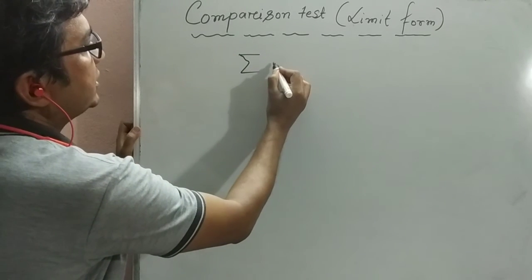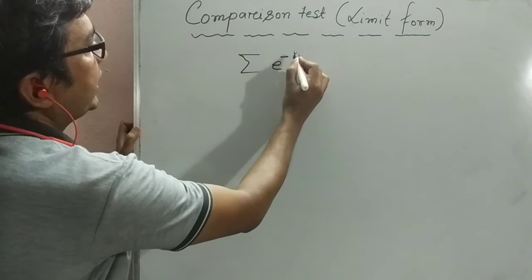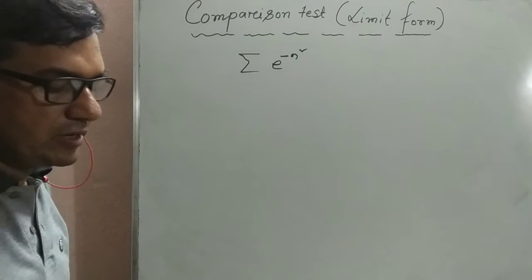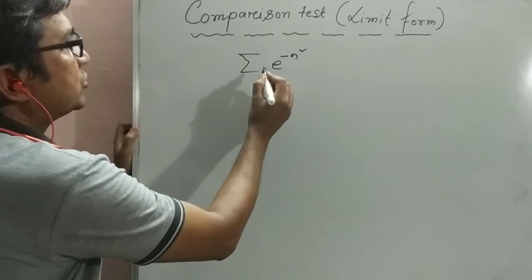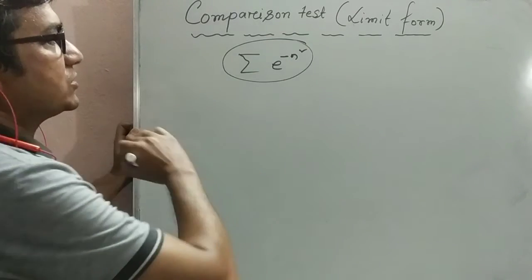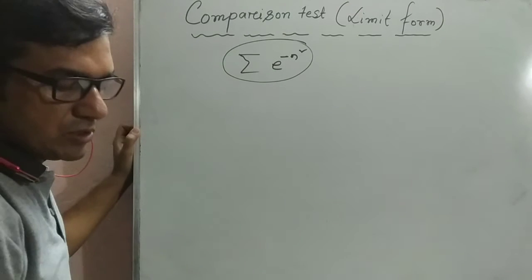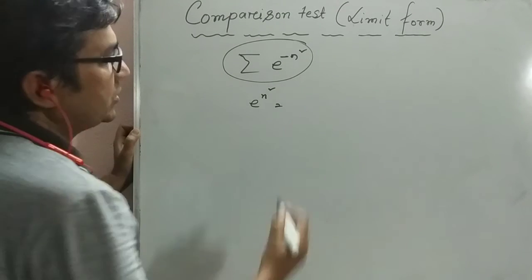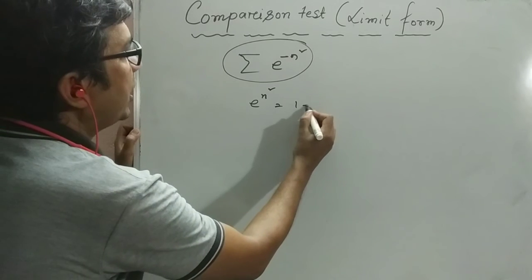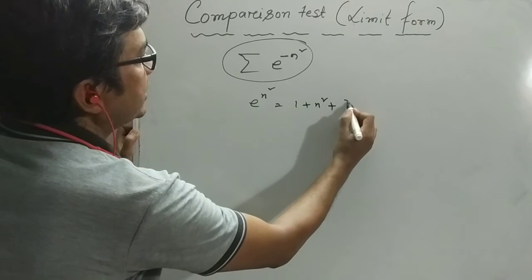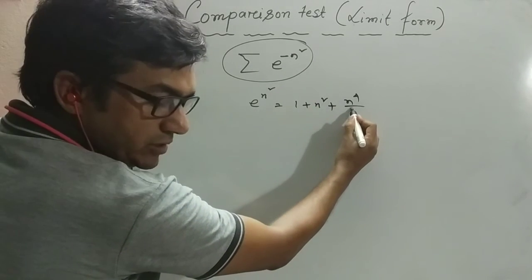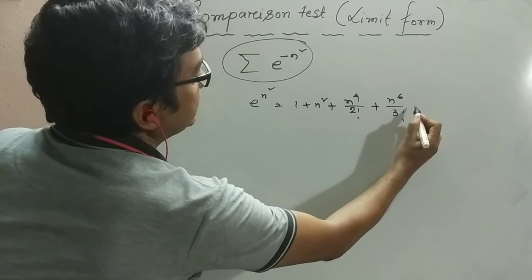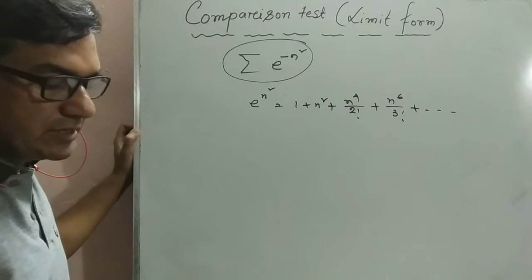Test the convergence of summation e to the power minus n square, exponential minus n square. Here, to test the convergence or divergence, we consider the series of e to the power n square. This gives 1 plus n square plus n to the power 4 by factorial 2 plus n to the power 6 by factorial 3 plus, and this is an infinite series.